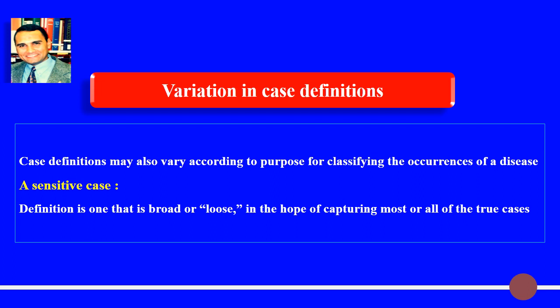For example, a sensitive case definition we can use if we suspect a case of blue tongue within a sheep flock: any animal showing fever, bluish coloration of the mouth area, or increased rate of mortality within sheep flocks may be suspected as blue tongue.